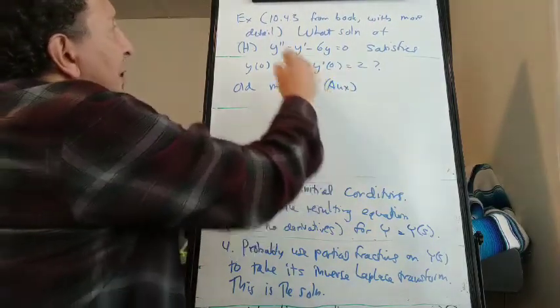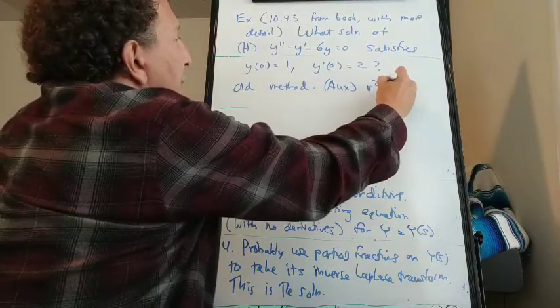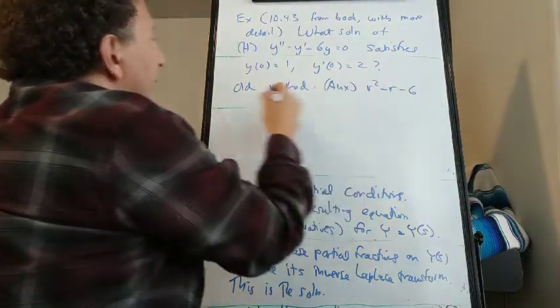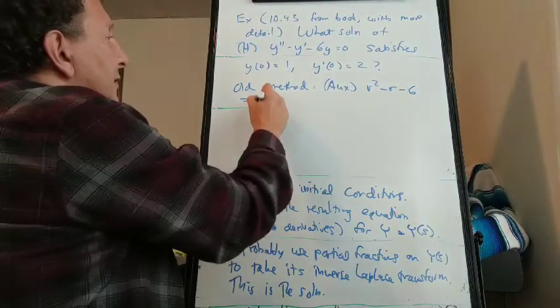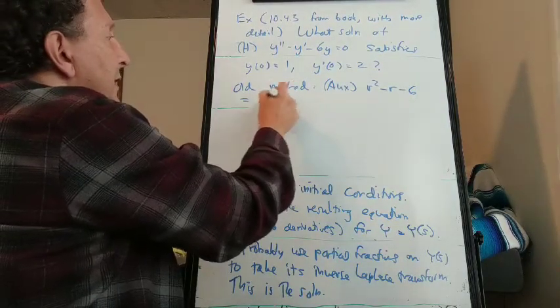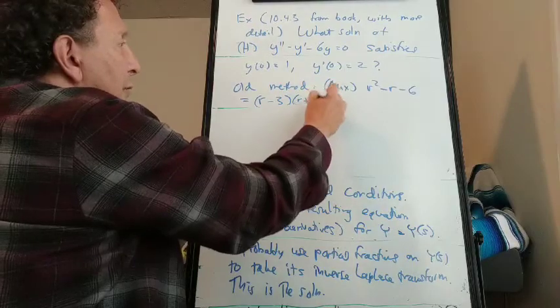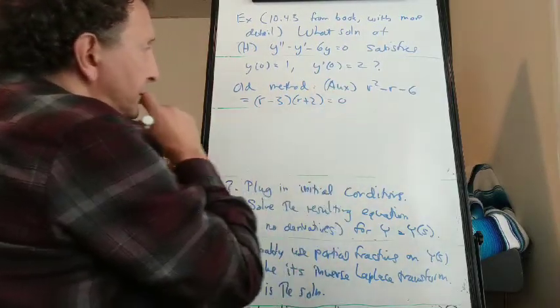So the auxiliary equation, r squared minus r minus 6, which factors as r minus 3 times r plus 2 equals 0.